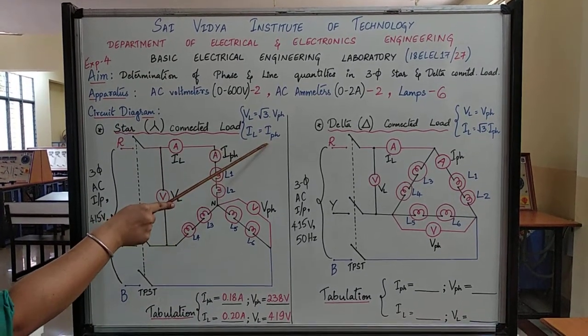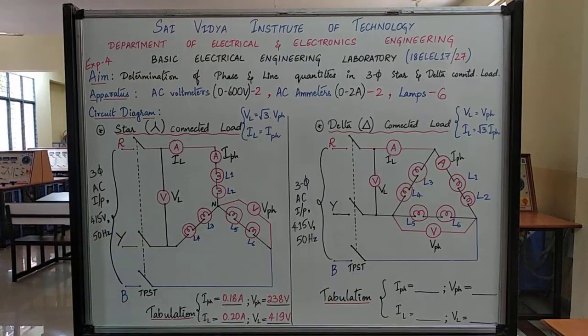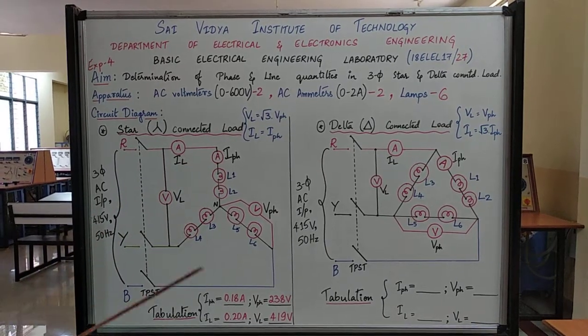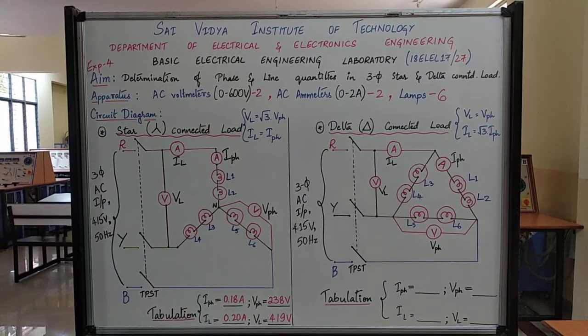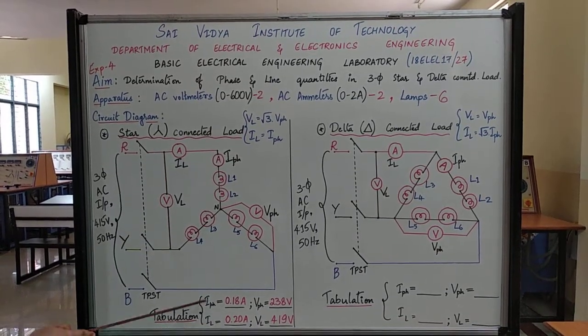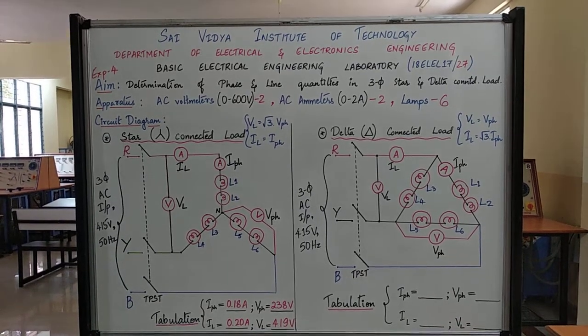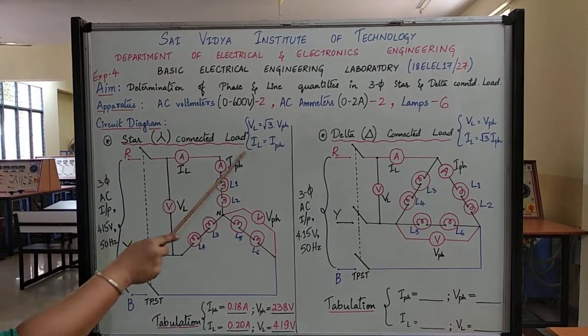So IL is approximately equal to I phase, and hence we have verified the relationship between the voltages and currents of the line and phase in a star connected load. Now this ends the experiment for star connected load part.